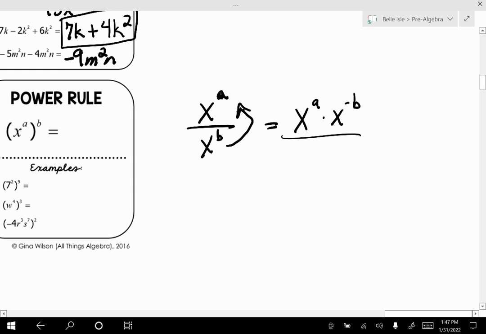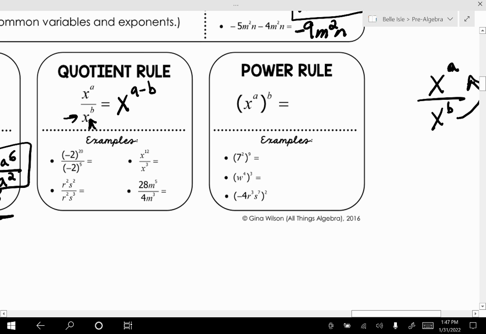Okay, so x to the a power times x to the negative b. Product rule says we do what with the exponents? Yeah, we add them. So you would just do a minus b, right? The product rule or the quotient rule just works the same way, in a different order.